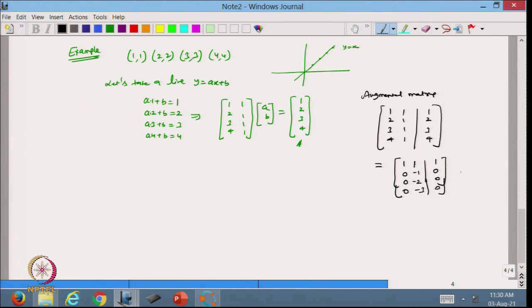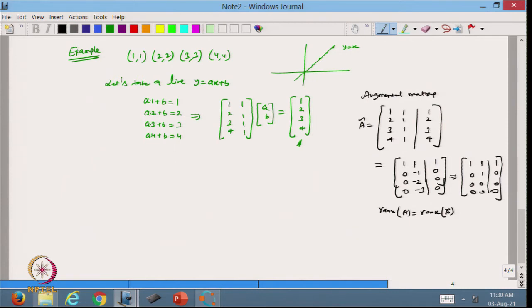From here I will write this as 1 1 1, and this is 0 1 0, and then 0 0 0, because I know the rank of A is the same as the rank of the augmented matrix.